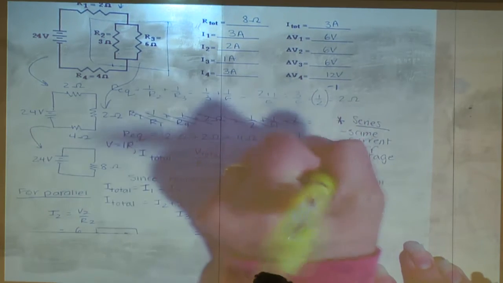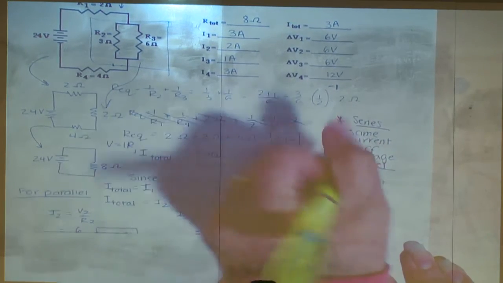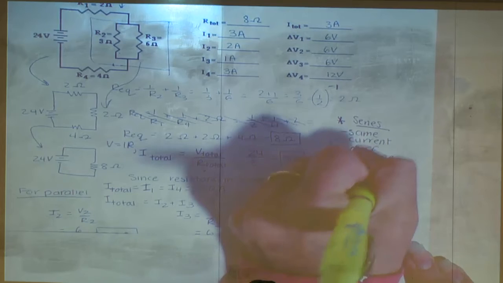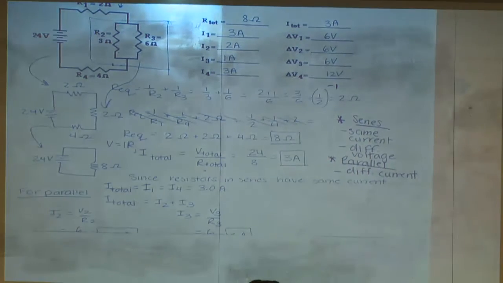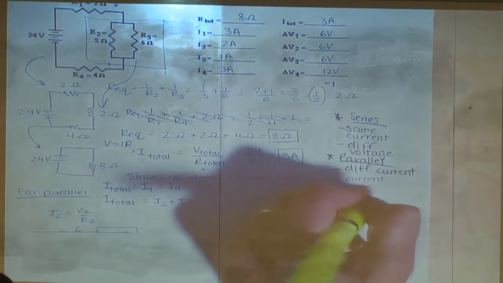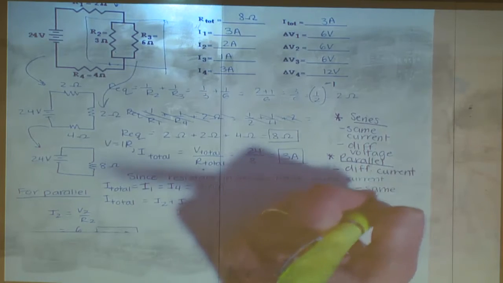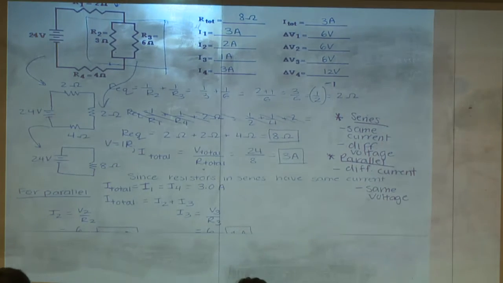And then parallel is different: the current that passes through them is different because it's a junction, right? Parallel resistors are separated by junctions, so the current divides between those two, therefore it's not the same current, but we do have the same voltage passing through each resistor connected in parallel.